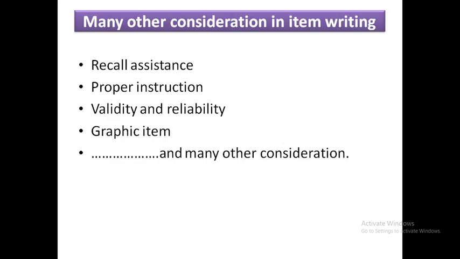There are various tests, like Cronbach alpha, and many others that are applied for testing validity and reliability. Then graphic item that I have already discussed, and there are many other considerations, so you will come to know once you are involved in the process of item writing.